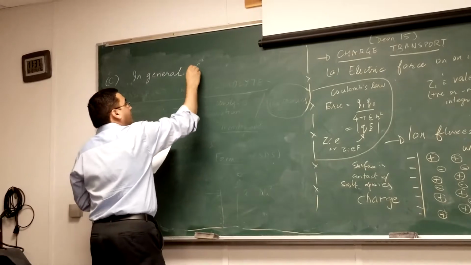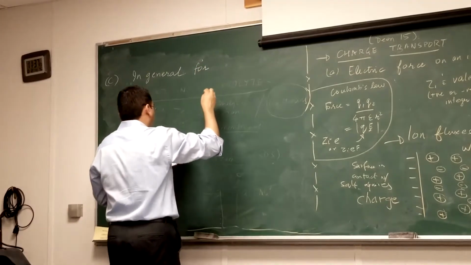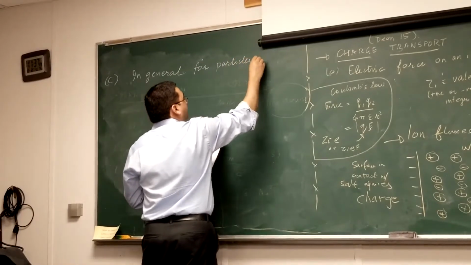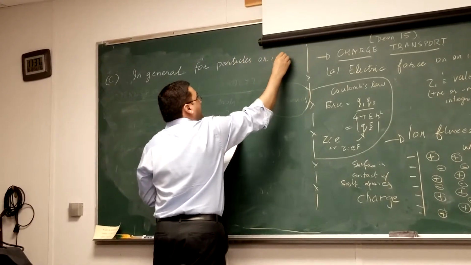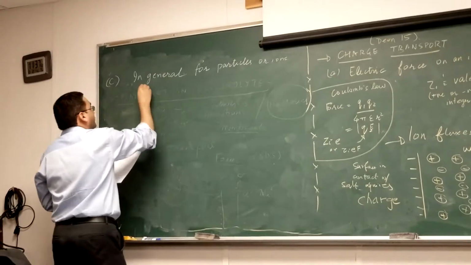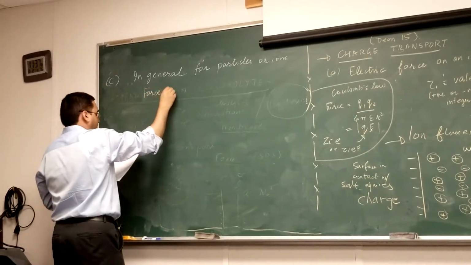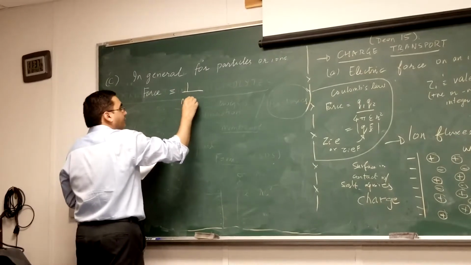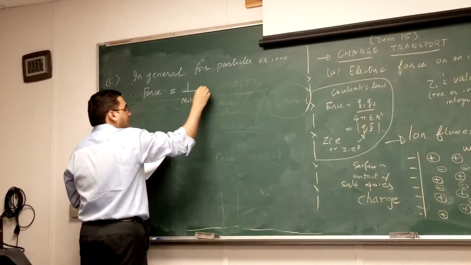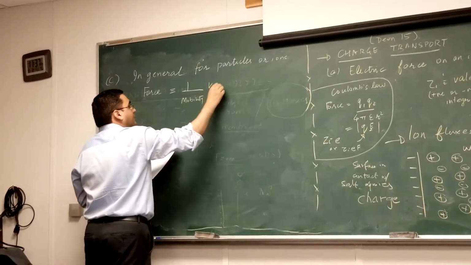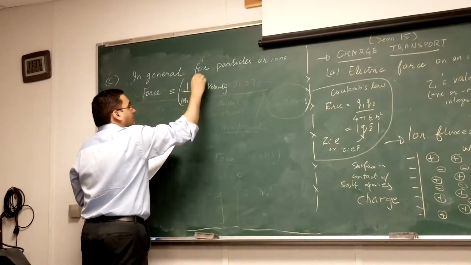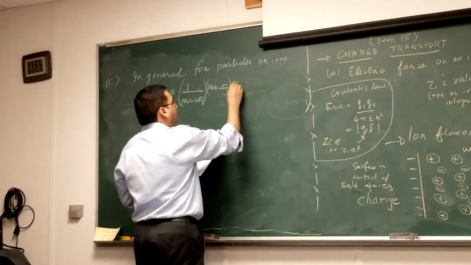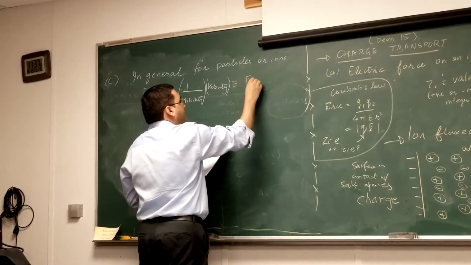In general, this is something that comes from non-equilibrium thermodynamics, so we'll just accept it for now. For particles or ions, force is equal to 1 over mobility times velocity, or equivalently to some kind of friction coefficient.